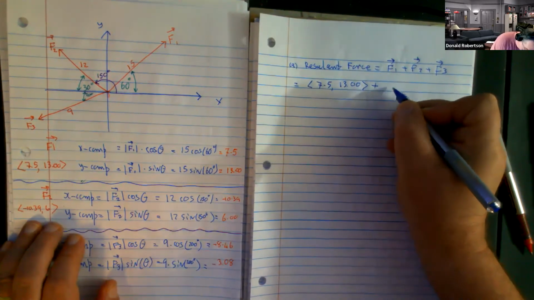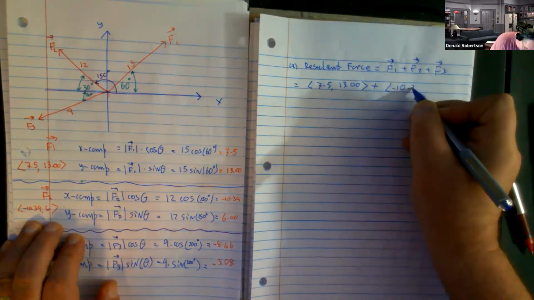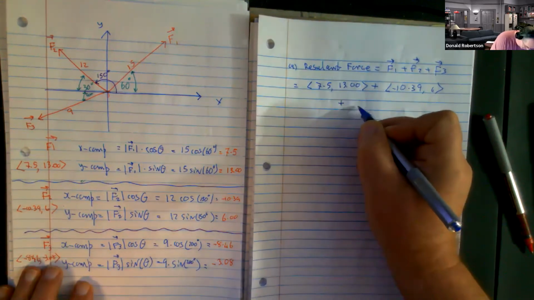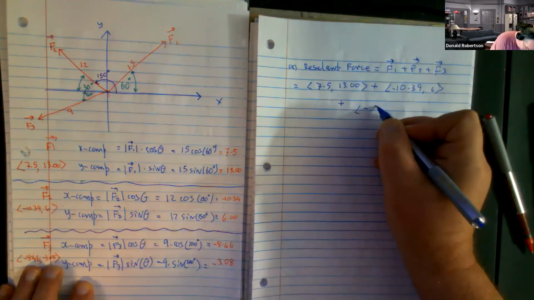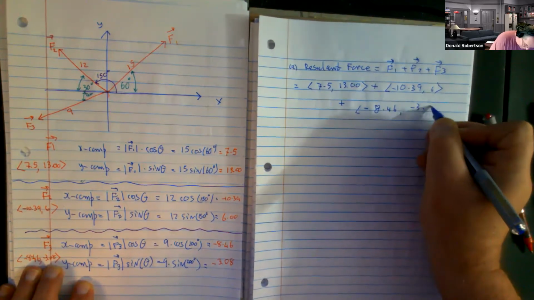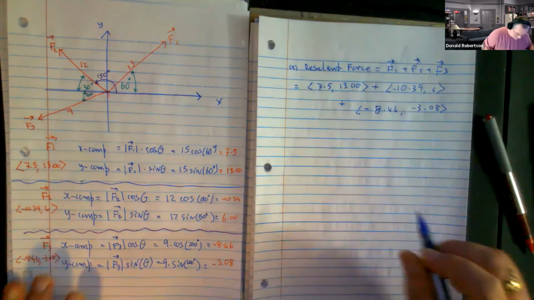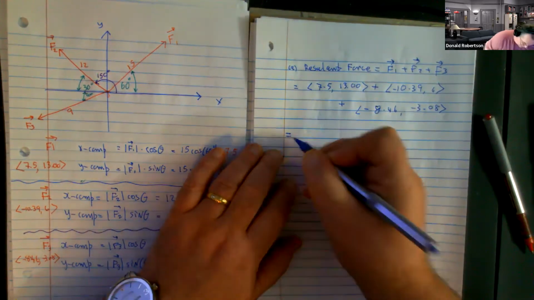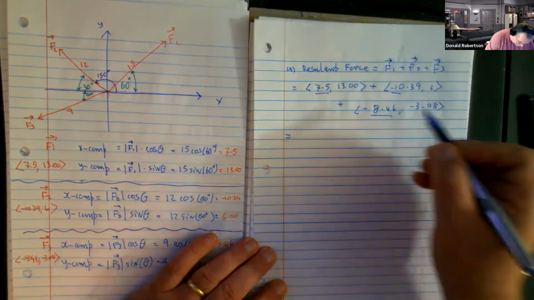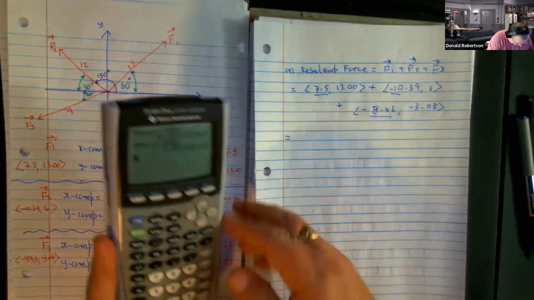The second one was negative 10.396. And the last one was negative 8.46, negative 3.08. And well, I'll add those three together to get the first one. So let's see what that looks like.